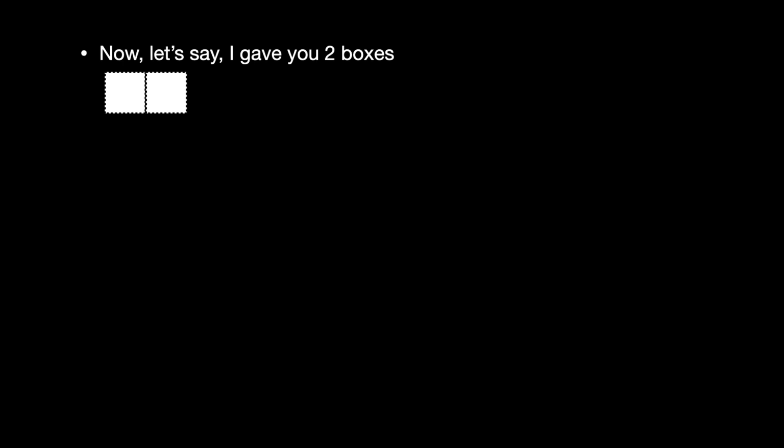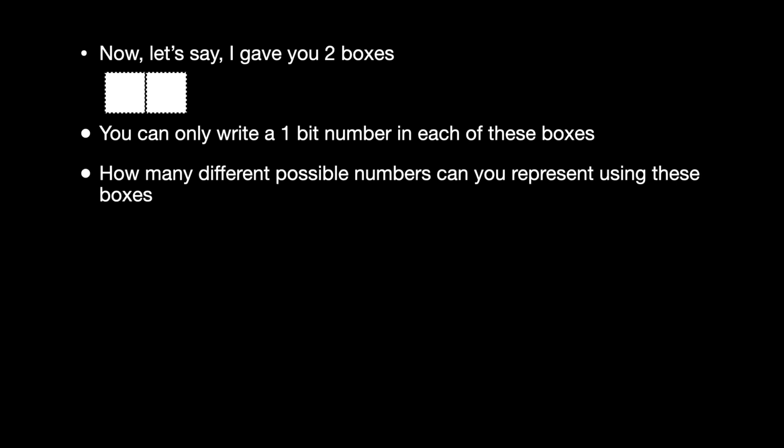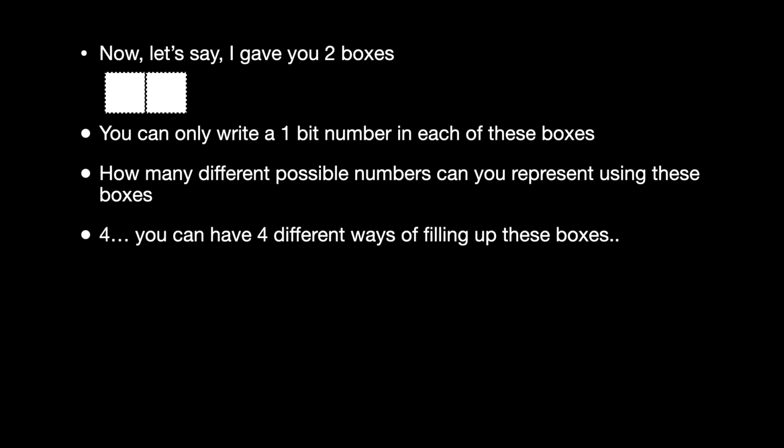Now let's say I gave you 2 boxes. You can only write a 1-bit number in each of these boxes. How many different possible numbers can you represent using these boxes? 4, right? You can have 4 different ways of filling up these boxes.